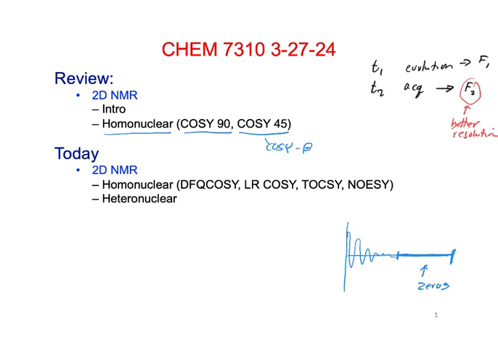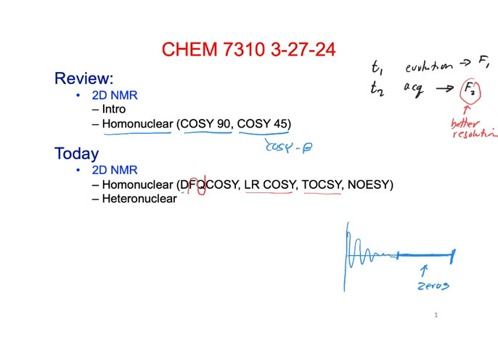All right, so what we're going to do today is look at some other variants of the COSY type. We have this one, called the double, that's not even right. It should be DQF, double quantum filtered COSY. This is a long-range COSY.